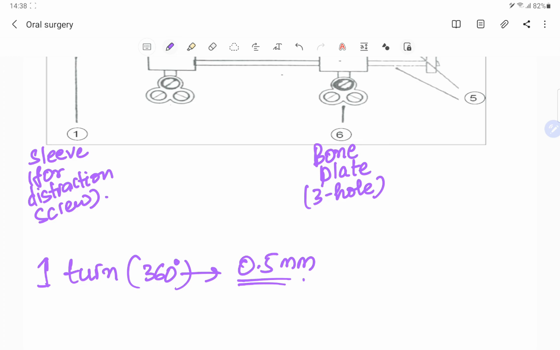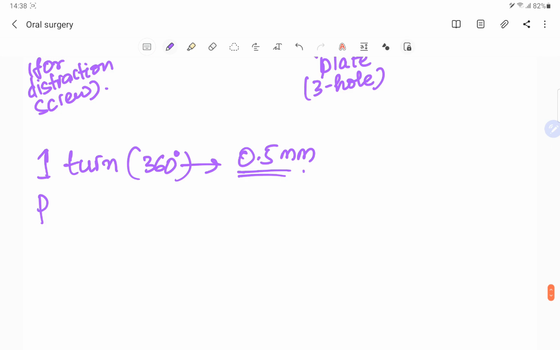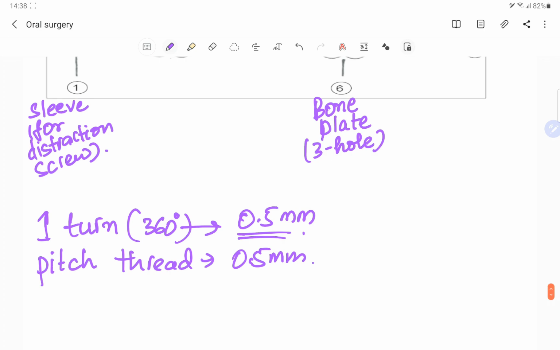So the pitch of the threads is basically 0.5 millimeters. So I can just write the thread pitch also. That is the reason that one full turn will give 0.5 millimeters of distraction.